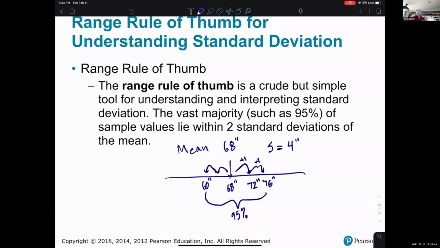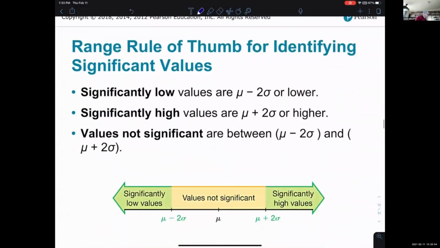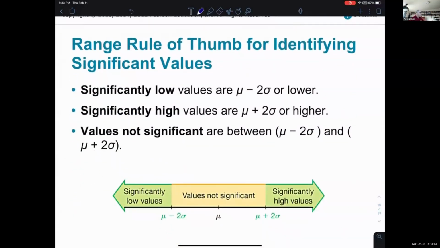Now, I've drawn my little illustration so that I could sort of explain my way through it. But let's go ahead and look at their much prettier visualization of this, and then we'll maybe look at some more examples. So here is a visual impression of the range rule of thumb. So that means they're going to say something is significantly low if the values are, so again, here are those Greek letters.